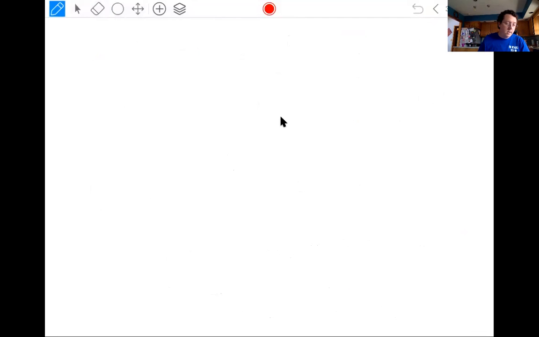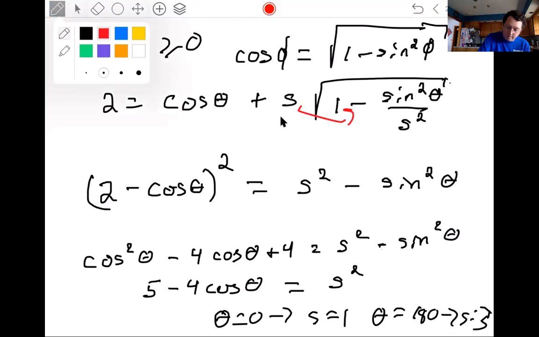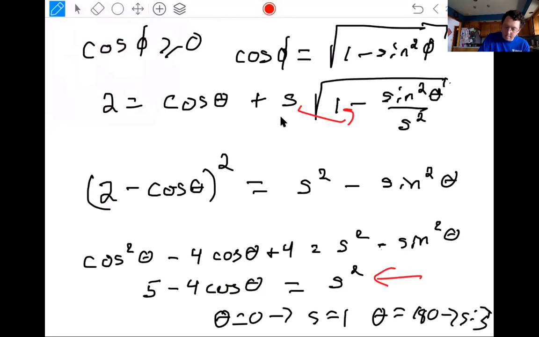All right, all that remains then is to do the calculus. So all I have to do is take this formula and take its derivative. All right, so I take the derivative of this quantity right here on both sides.